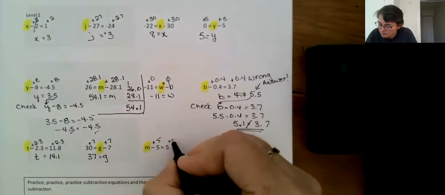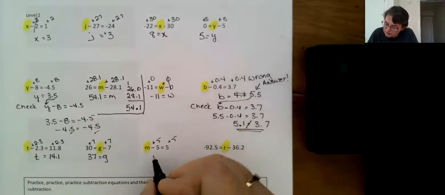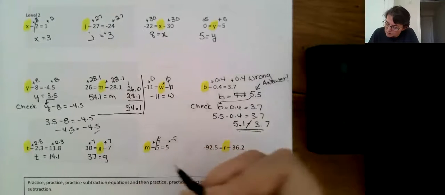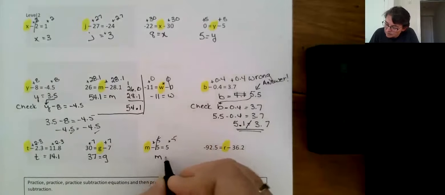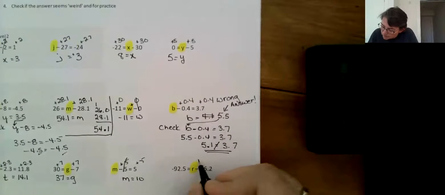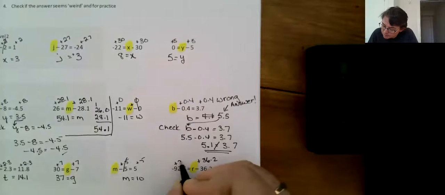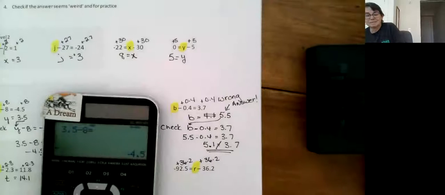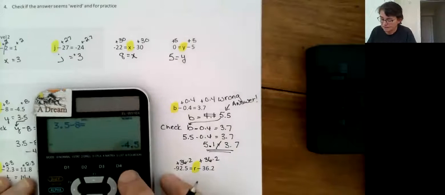Plus 5. Always doing the inverse, doing the opposite. So these disappear because they add up to 0. M is equal to 10. Uh-oh, I made this one hard. 36.2. Yeah, I'm going to be lazy again.